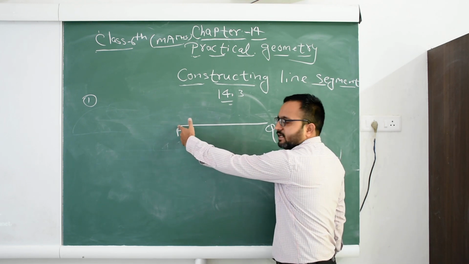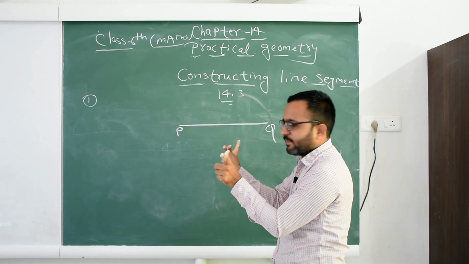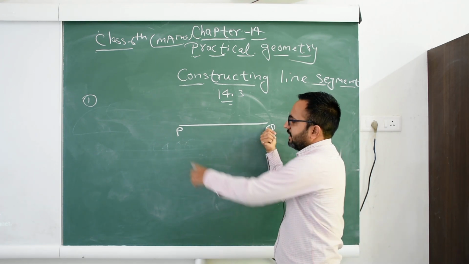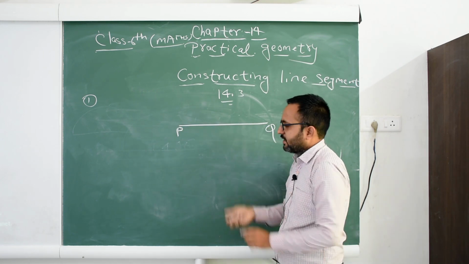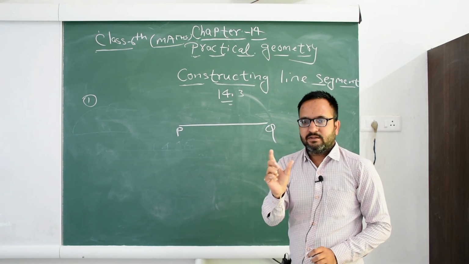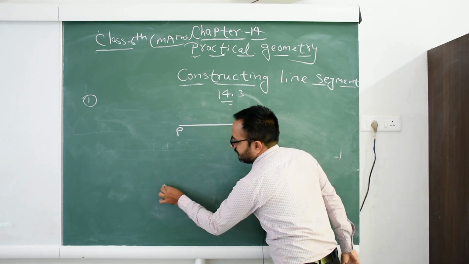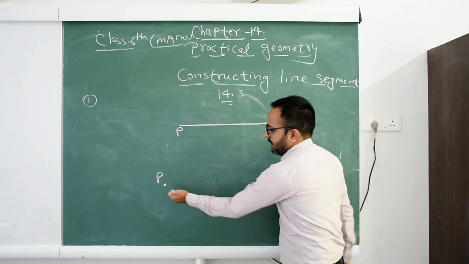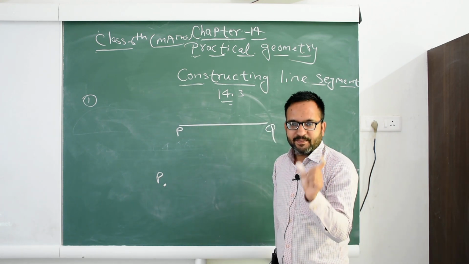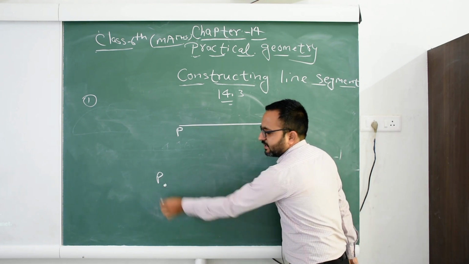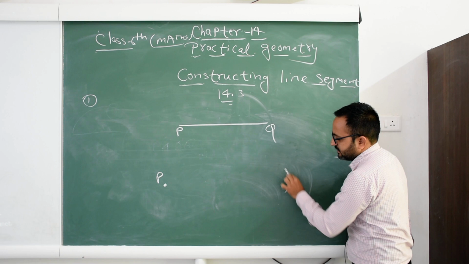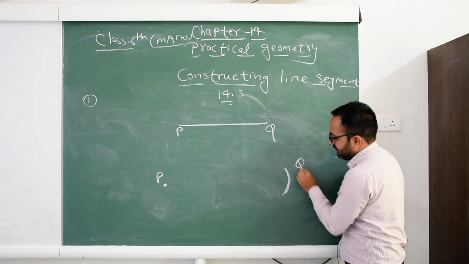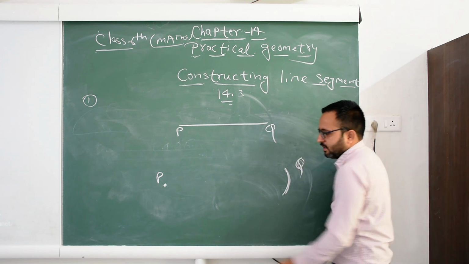One point of the compass is here, and opening the compass, another point is here. Now without disturbing the compass, we draw a point P again, put one point of the compass here and cut an arc with the same radius, same length, and we mark Q.